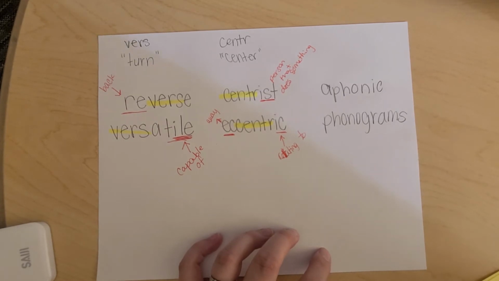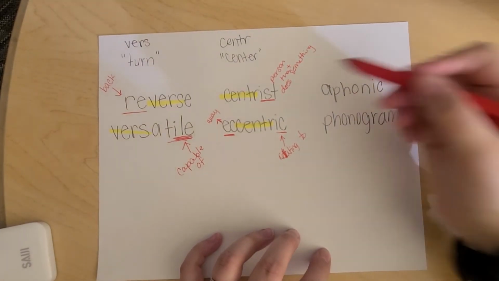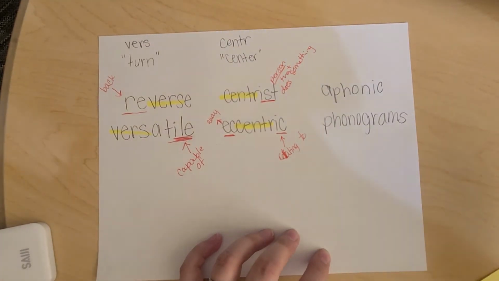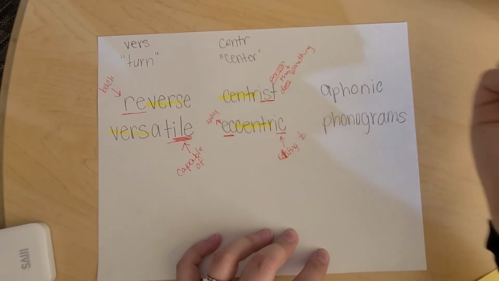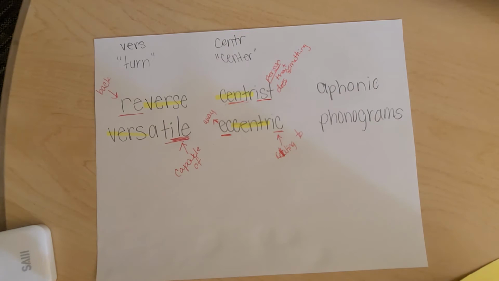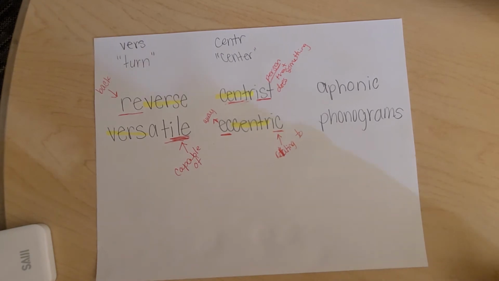Looking up the definition, I see a person who has political beliefs, but in the center, between the extremes. So I have a person who has political beliefs in the center, meaning that they don't have any extreme beliefs, but they believe somewhere in the middle or the center.